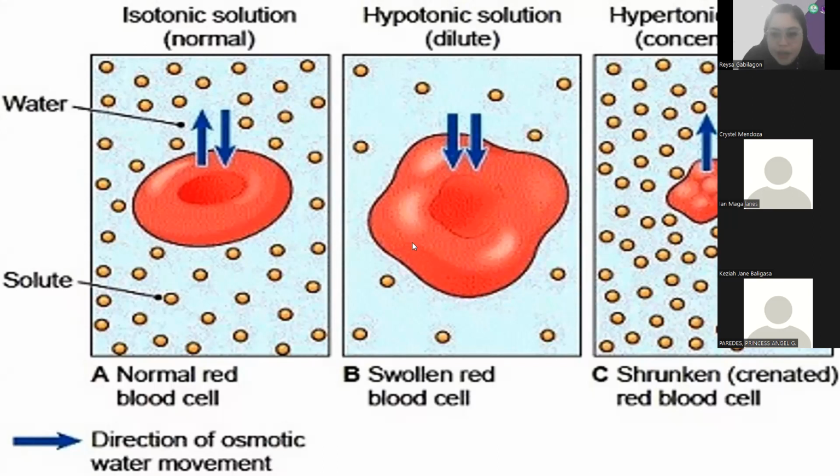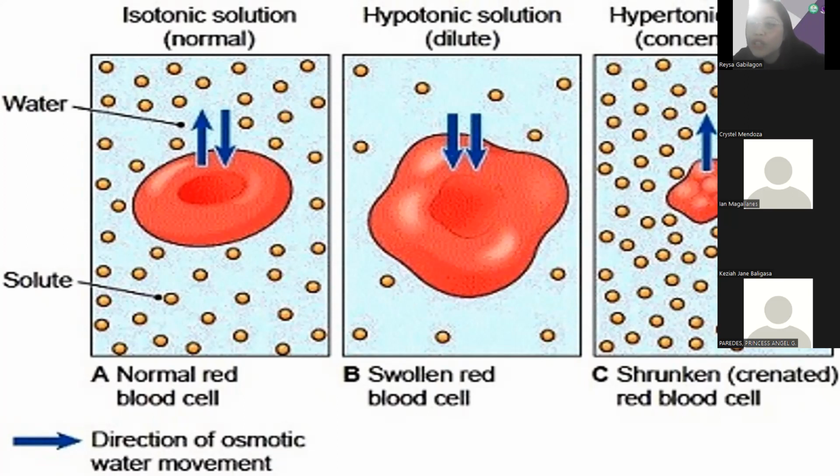Now, kasi konti lang yung sa labas, mas marami yung sa loob, ang tendency, the water class from our hypotonic solution will enter the cell, making the cell swollen, and there will be a tendency of lysis. So magkakaroon ng hemolysis if we're going to again inject a hypotonic solution. So example of a hypotonic solution is water.